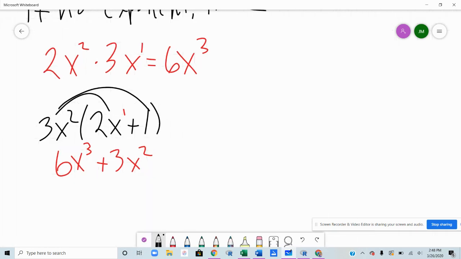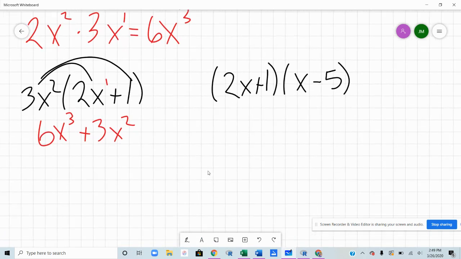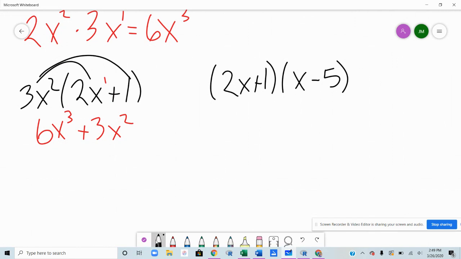If you have more than one term here and more than one term here, such as 2x plus 1 times x minus 5, you learned that in order to do this, you make a box based on how many terms are here and how many terms are here.